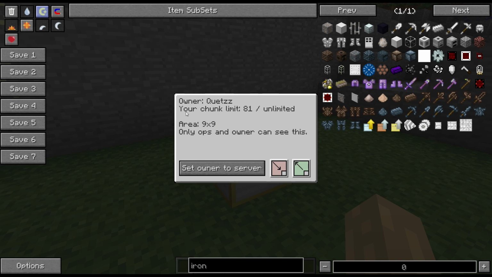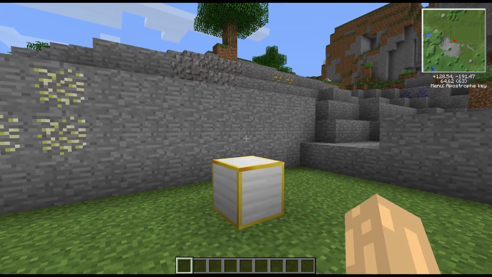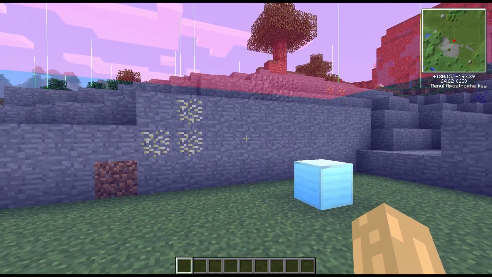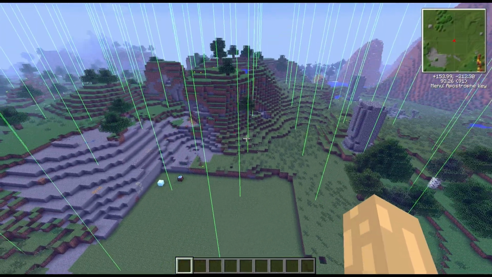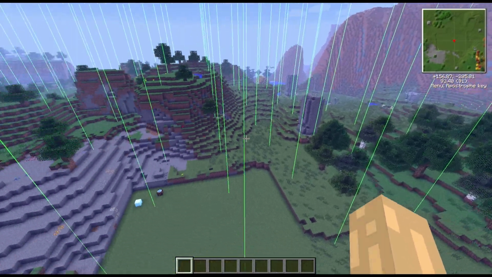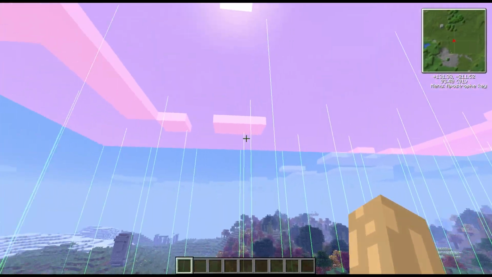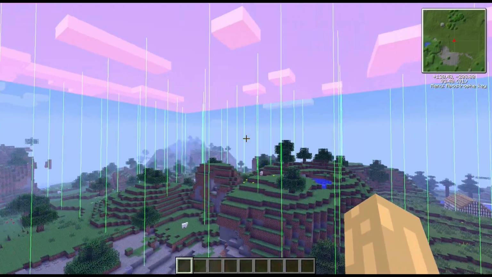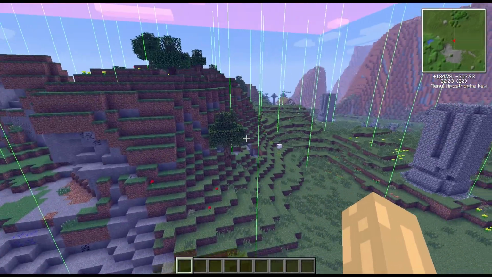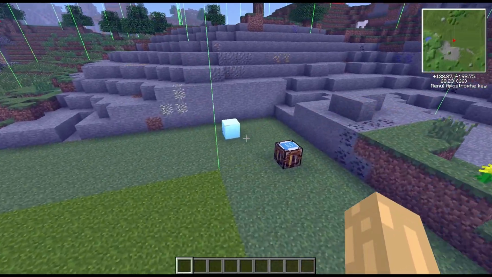That's pretty useful. The other thing to do is once you are loading chunks, if you press the F9 key, what we can see here is where your chunks are loaded with the laser lines. That defaults to F9. You can see in the sky as well the limits of that. So as you can see, this is loading up quite a large area just by itself.